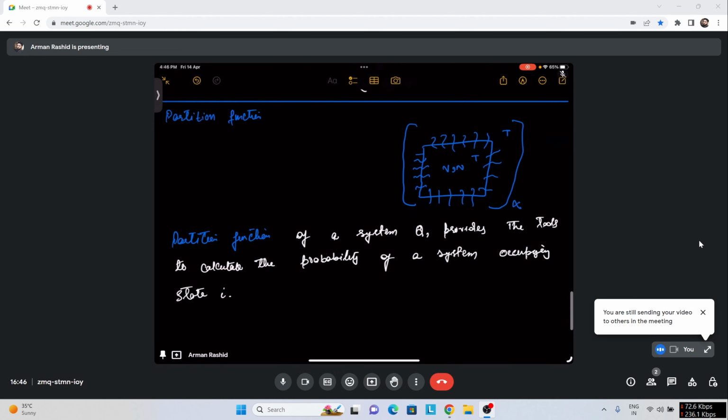Now it depends on the composition of the system, it depends on volume, and similarly the number of particles.